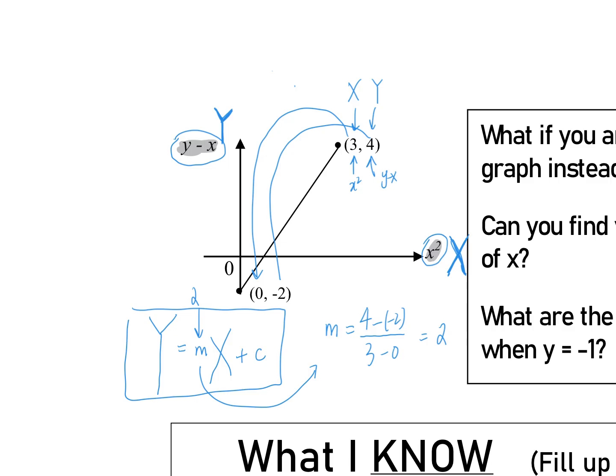Okay, then in order to find your y-intercept, you sub in any one of the pairs. So for example, I choose 3 and 4. So this one I change to 3 and 4. Okay, I'm just going to give you a rough idea. So C is negative 2. So actually this line represents y equals 2x minus 2.